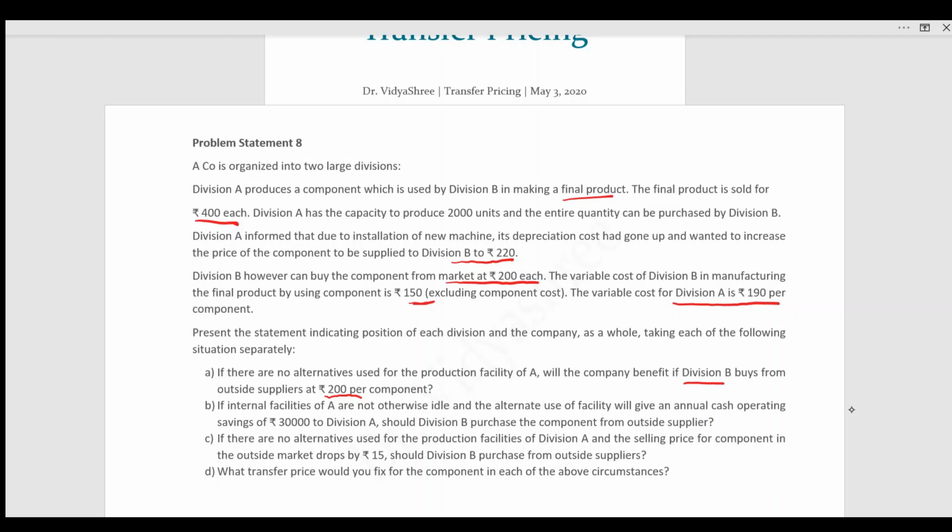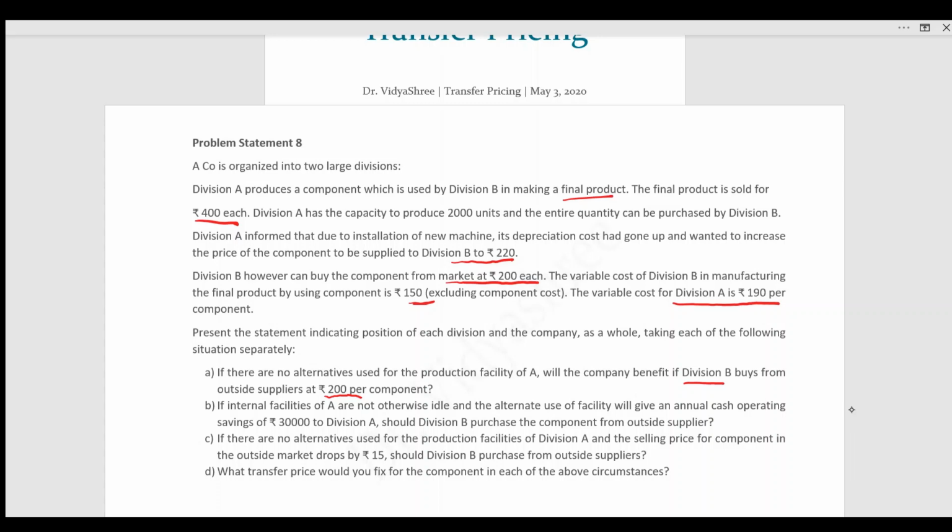The difference between the first and the second situation is, in the first situation, in division A, it is said that no alternatives are used. But in the second situation, it says that if division A is put for alternative use, then it will result in savings of rupees 30,000.